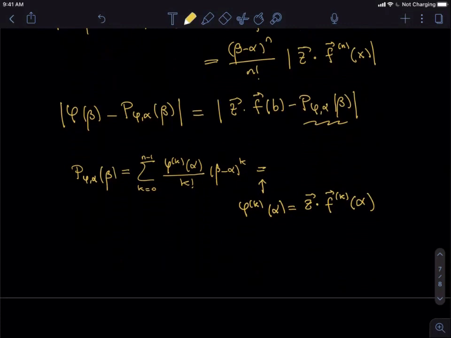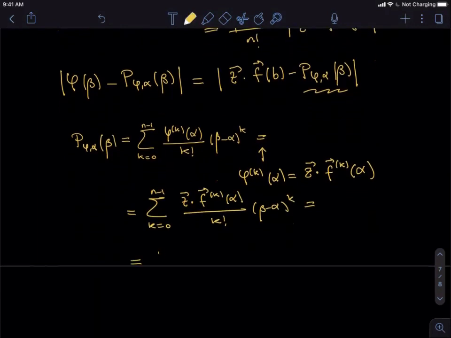So if I plug that into this expression, let me do it a little carefully. Here I can factor out the z, because it's constant and does not depend on k.